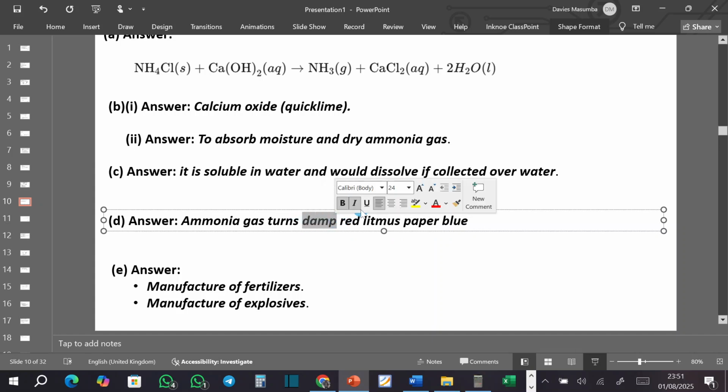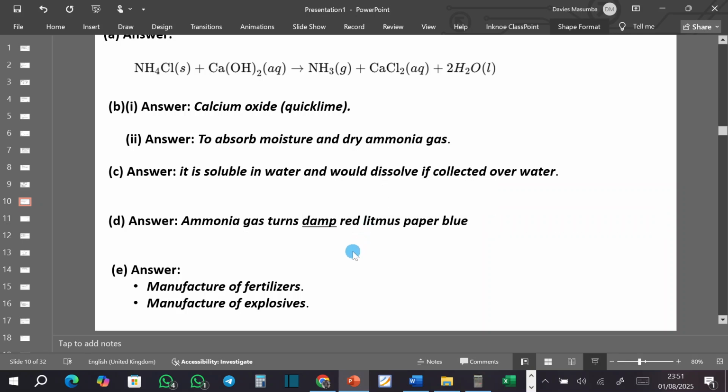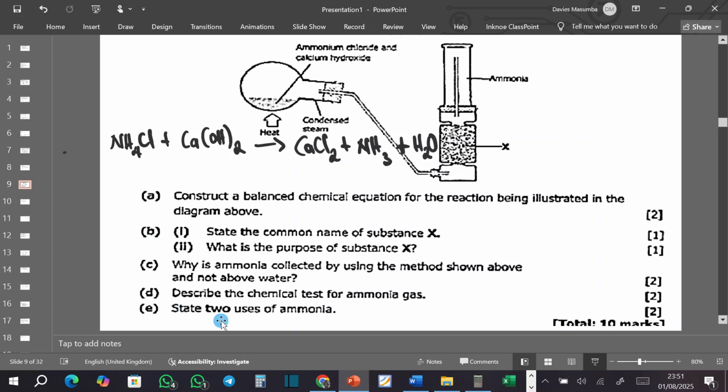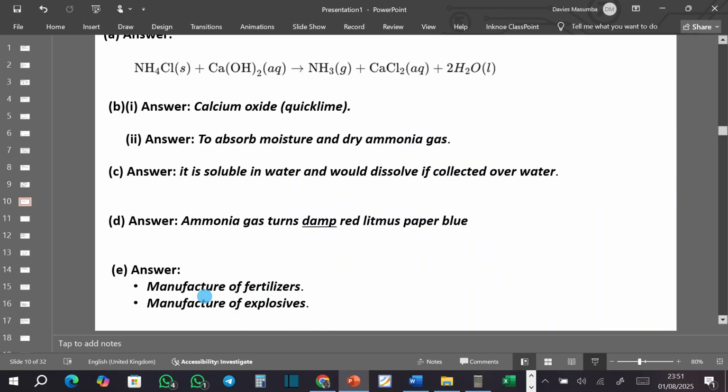So you wet the red litmus paper, then you introduce it in a test tube containing ammonia. That red litmus paper will turn blue, indicating that the gas is ammonia. Then state two uses of ammonia. So we can say manufacture of fertilizers and manufacture of explosives.